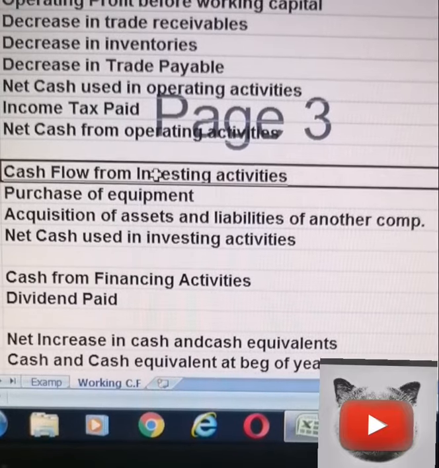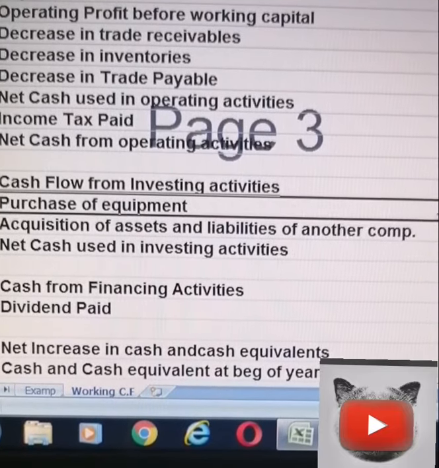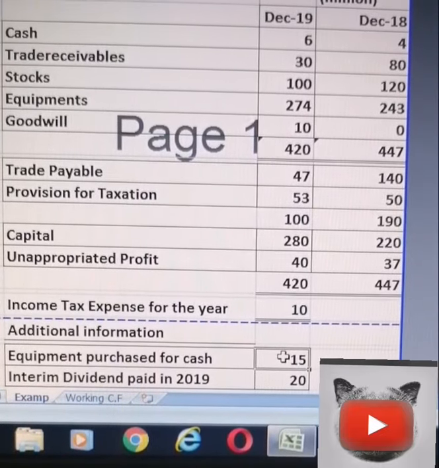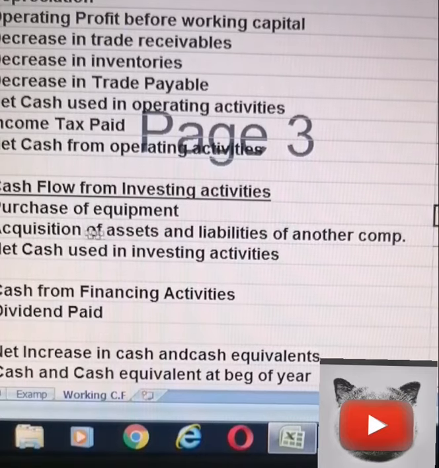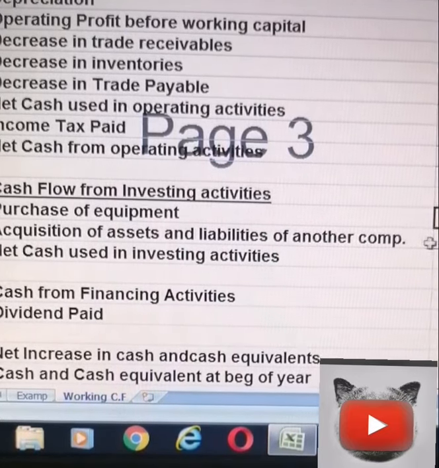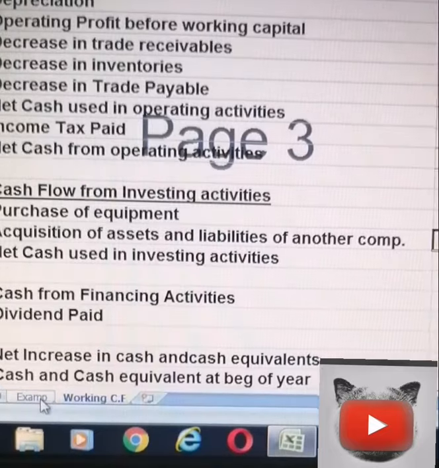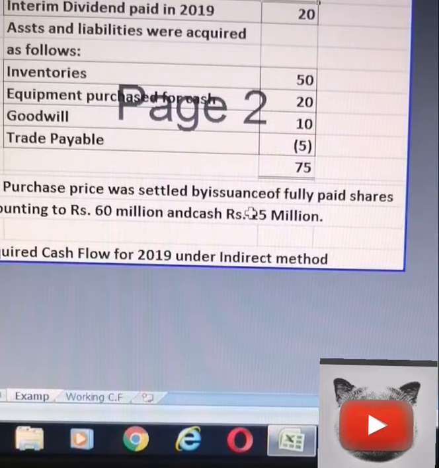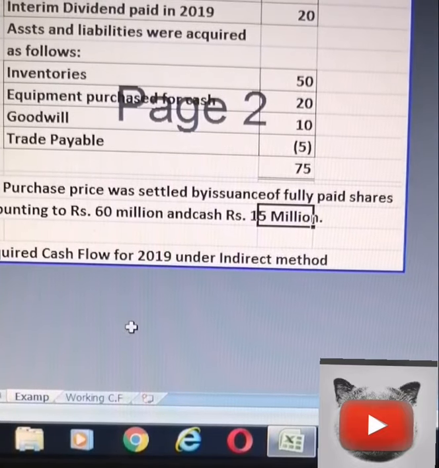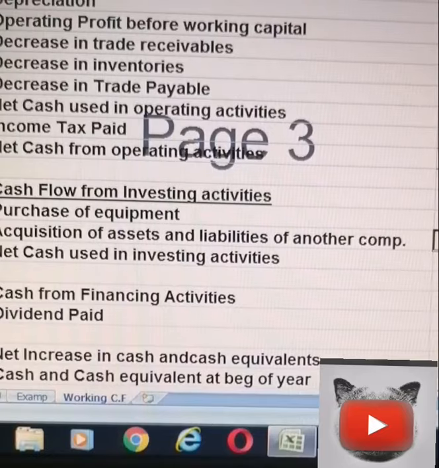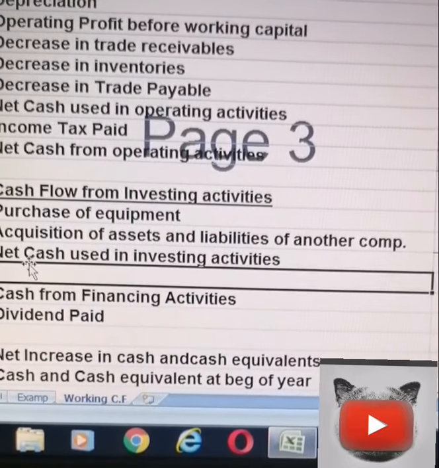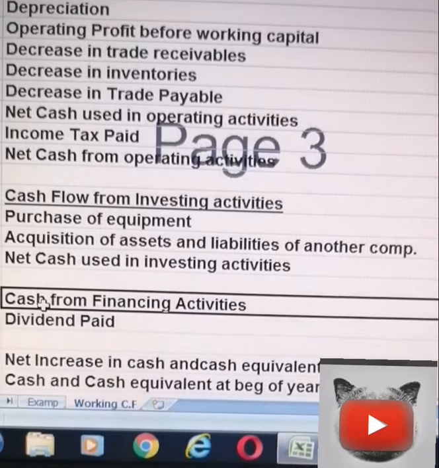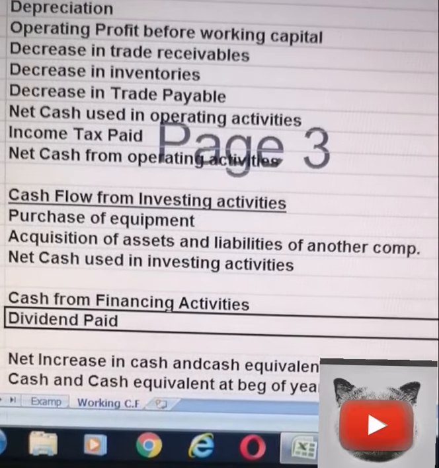Net cash flow from investing activities. Purchase of equipment 15 million, which is shown in the example. This was 15 million. And acquisition of assets and liabilities of the other company, 15 million, which is shown here. Net cash used in investing activities comes to 30 million. Cash flow from financing activities, dividend paid 20 million.